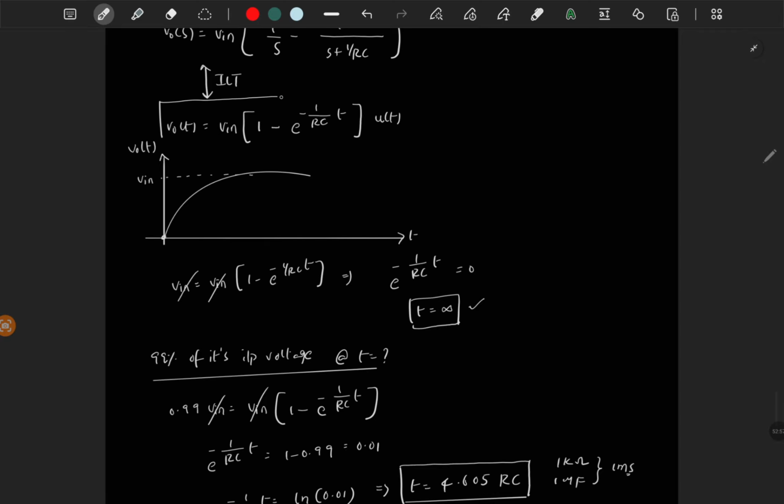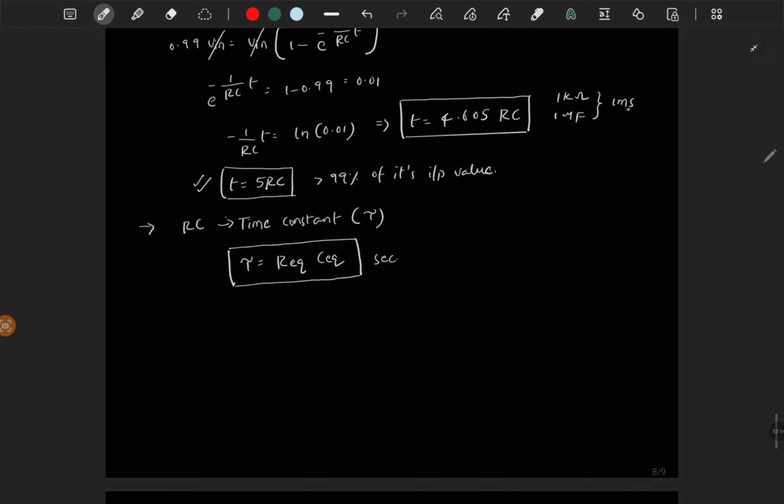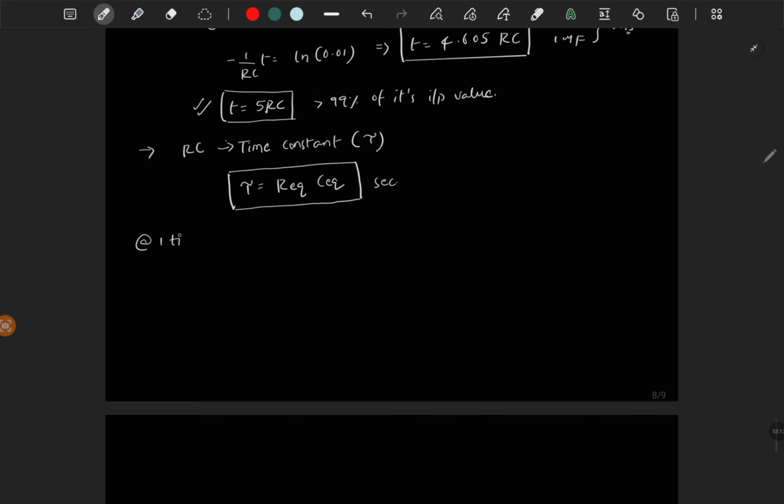Let's check in this expression. If you substitute t with 1 time constant, which is RC, then you will get V in times 1 minus e to the power minus 1. So at 1 time constant, V out is equal to V in times 1 minus e to the power minus 1 by RC times RC, which is V in times 1 minus e power minus 1.